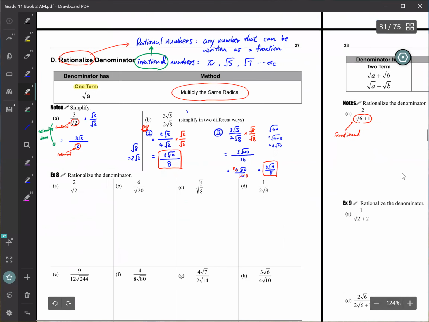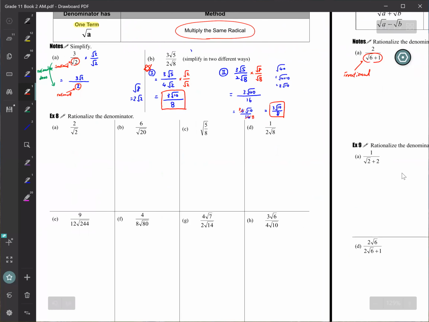So I'm gonna let you guys do the bottom 8 questions, and each one of you will get a chance to show your answer, okay? For question C, you have a square root of a fraction. This one you can split it, right? Because inside with inside. So it's the same as root 5 over root 8.